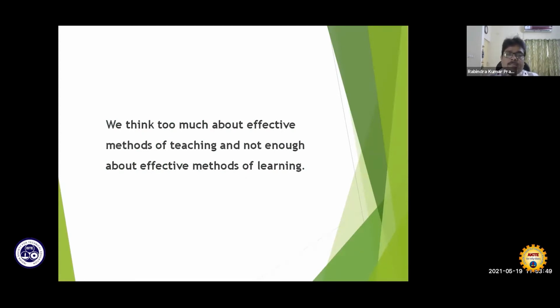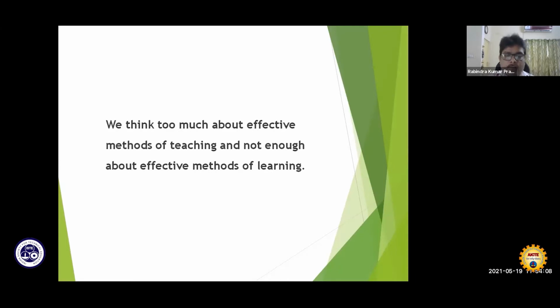We think too much about effective methods of teaching, but not enough about effective methods of learning. So teaching and learning, these are just two sides of the same coin. So both are very important from the academic point of view.